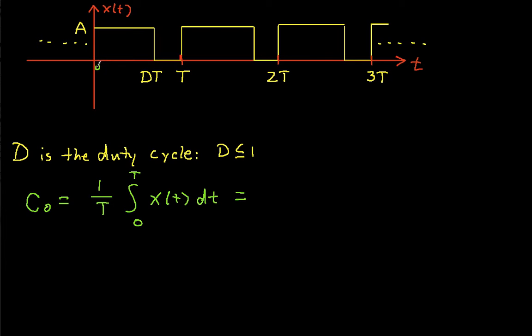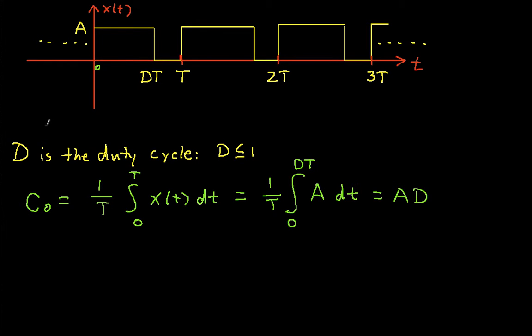Between 0 and T, our signal x(t) is equal to a when t is between 0 and d times capital T. So if I work this out, I get a times d. This is the average value of this signal.